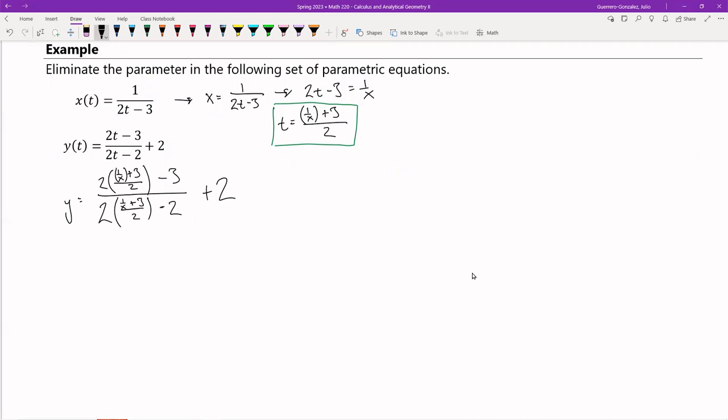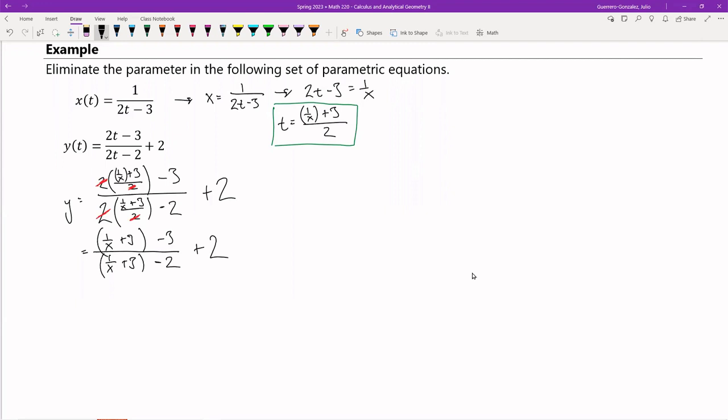So I want everybody to notice this. My 2 on the bottom and my 2 here cancel. So this reduces to 1 over x plus 3 minus 3 on top, divided by 1 over x plus 3 minus 2, plus 2.